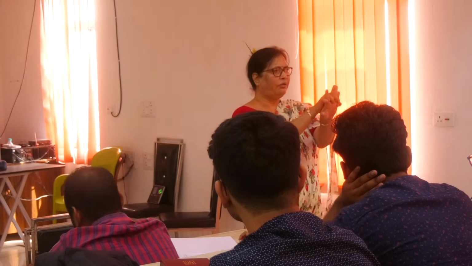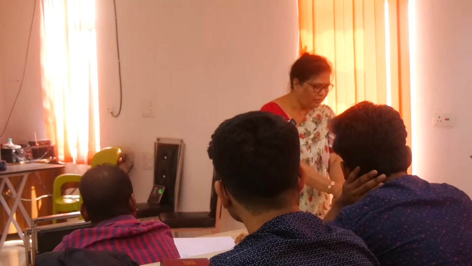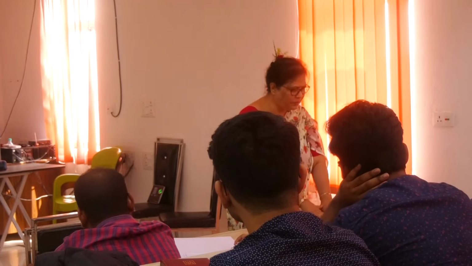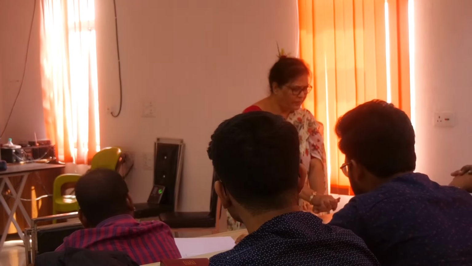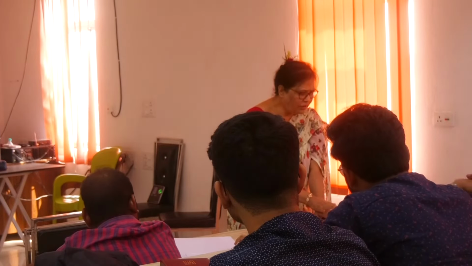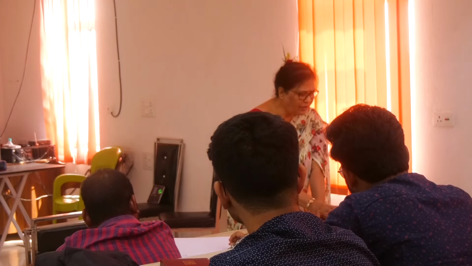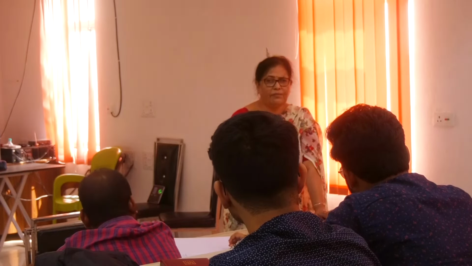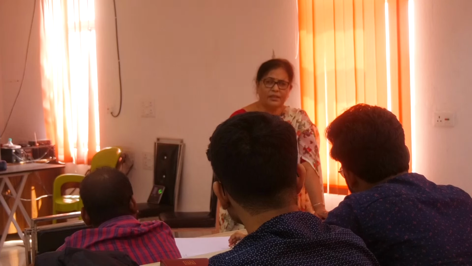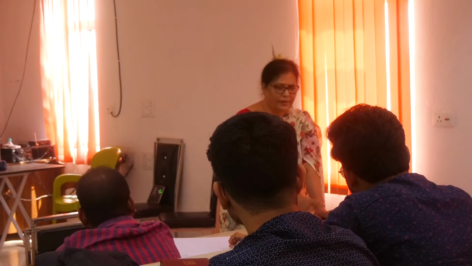Interlock the fingers. Suppose this is the lower half of the sternum. Just do like this. These fingers will not touch the chest wall. If they touch the chest wall, then the rib will be broken.